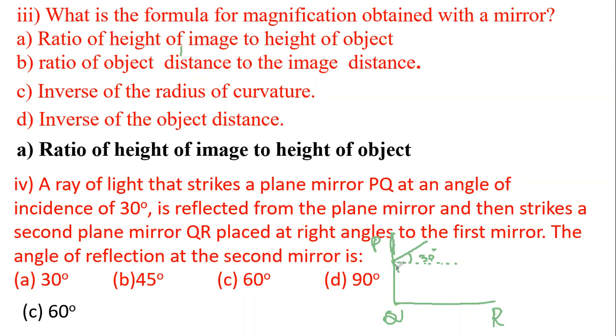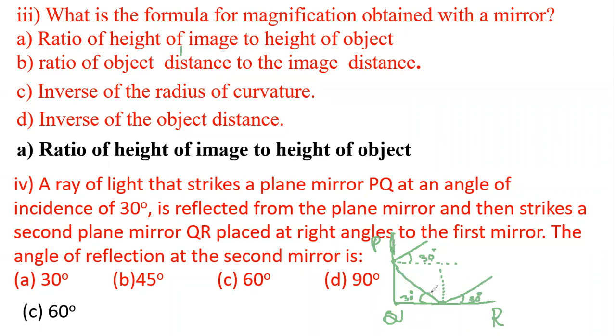That's why with the same angle on the second surface, the next plane mirror taken at a right angle, it falls on the second surface at a 30 degrees angle. So, if you draw a normal from here with the same 30 degrees angle, there will be a reflection.